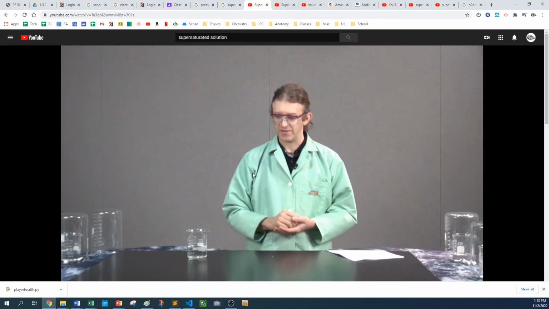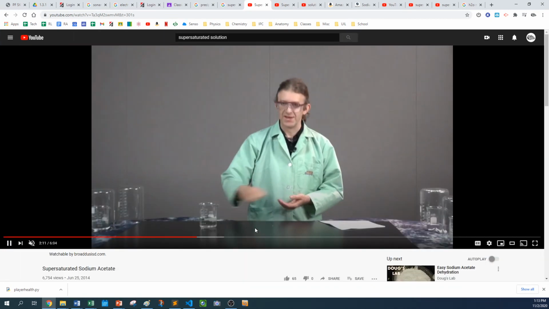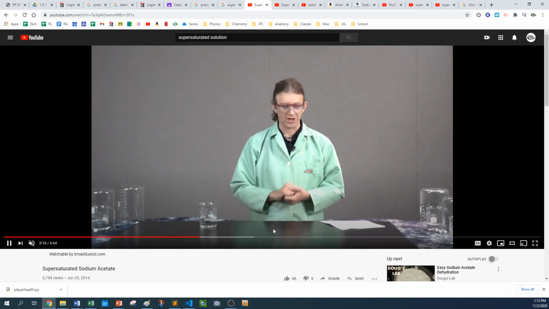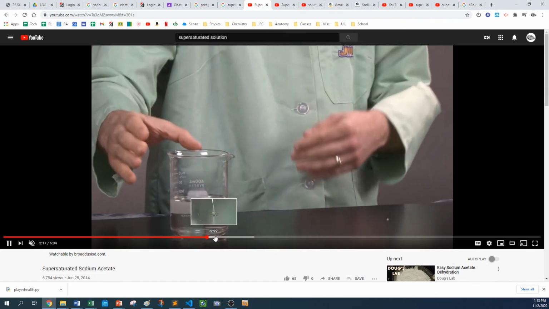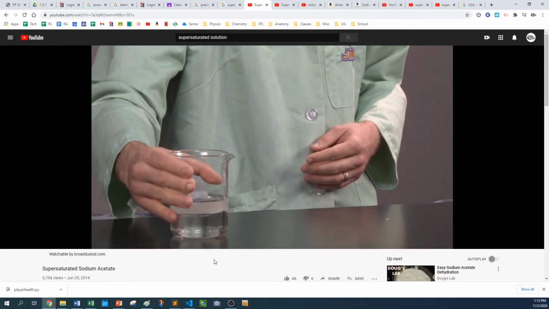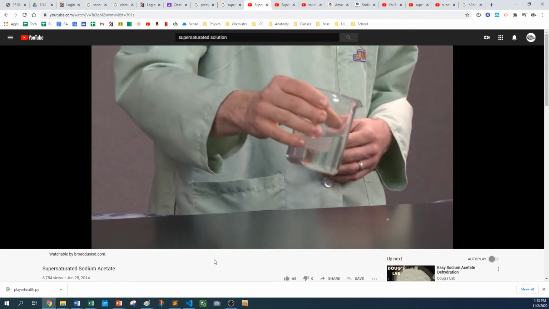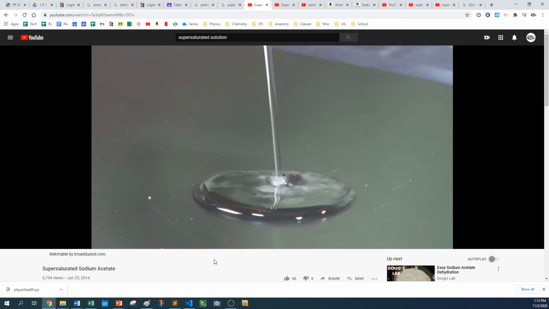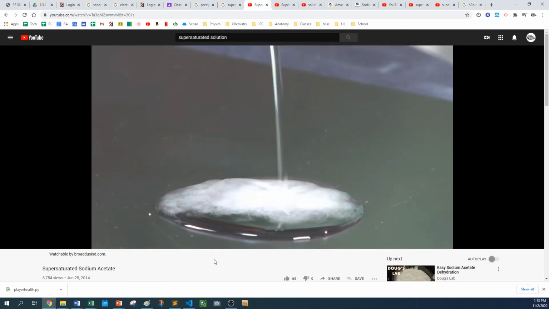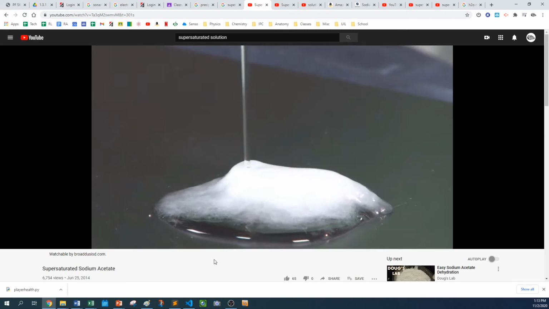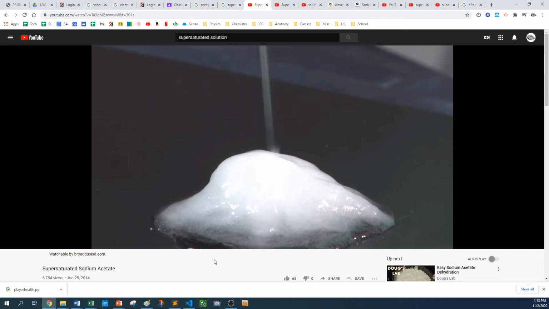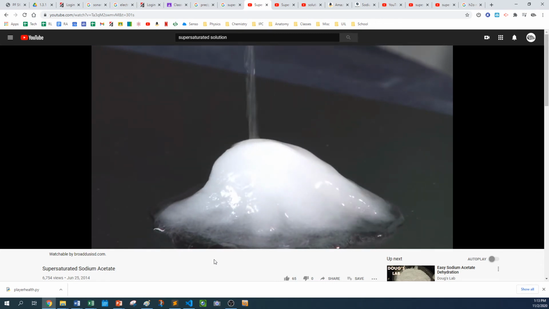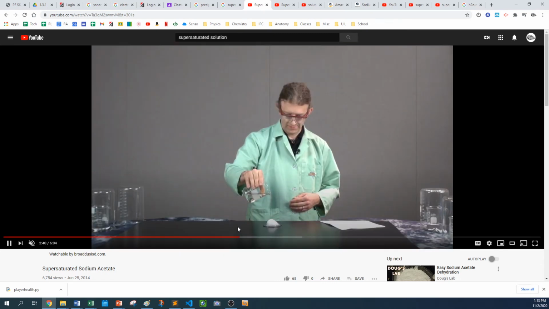All right. He has a small grain of sodium acetate on the table, and he's going to start pouring it onto it. So that'll act as the starting location of crystallization. The more he adds to it, the molecules will eventually randomly find a good attachment point to the crystal.